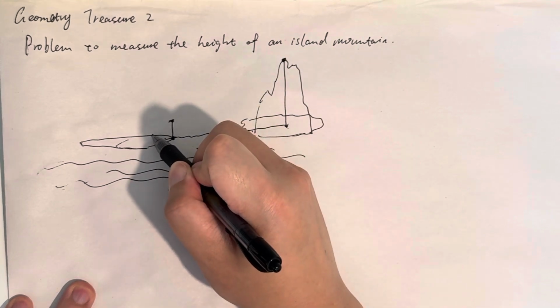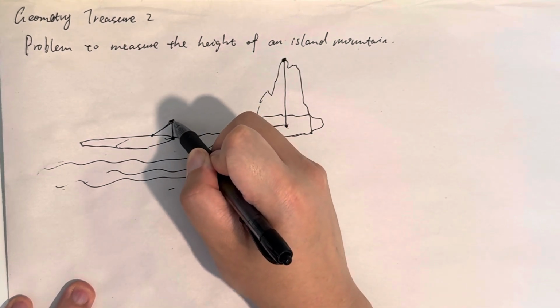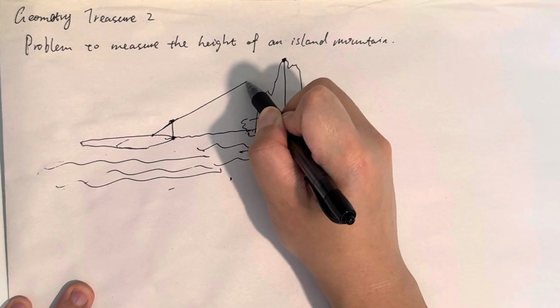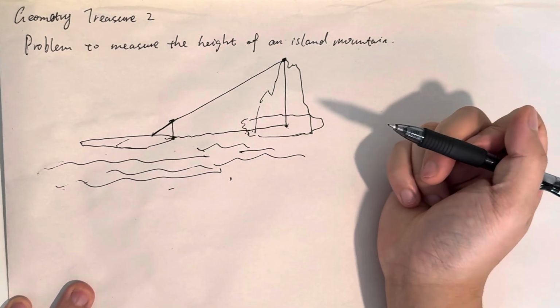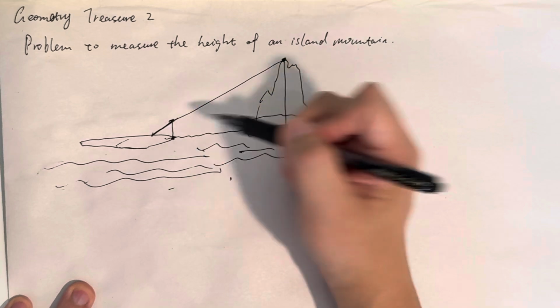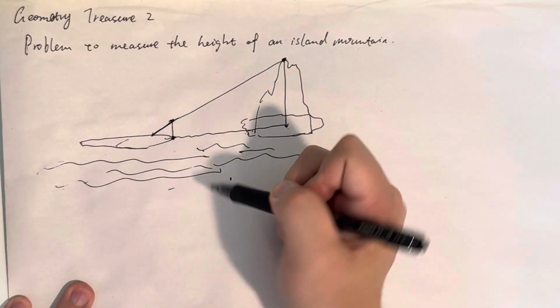These 3 points are on the same line, right? So we can do this first. So we know the height of the ruler and we know how much we step back.